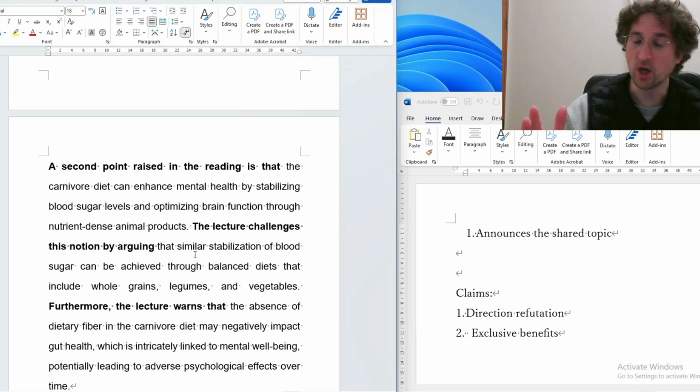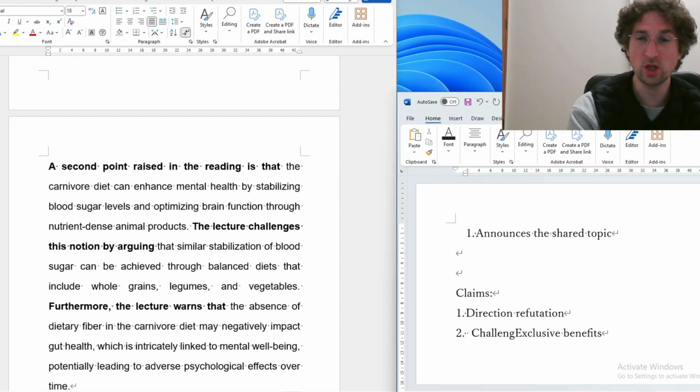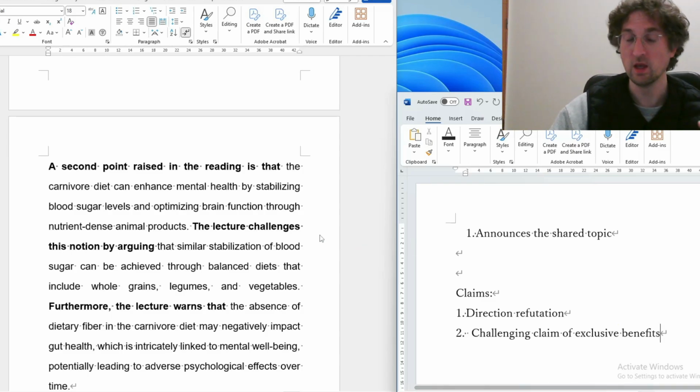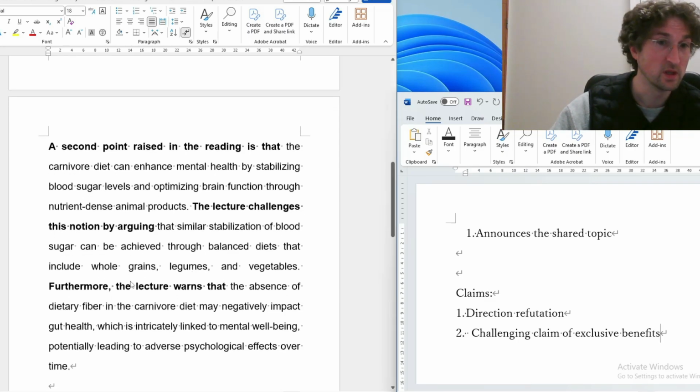So in other words, you're talking about a benefit of meat only. That benefit can be achieved with meat and other things. So this is sort of challenging the claim of exclusive benefits, thereby challenging the necessity of the diet.